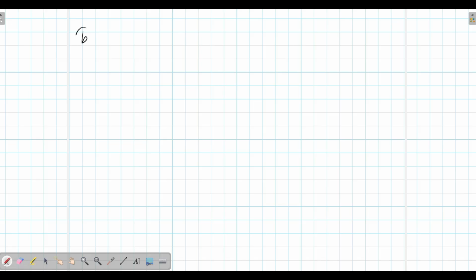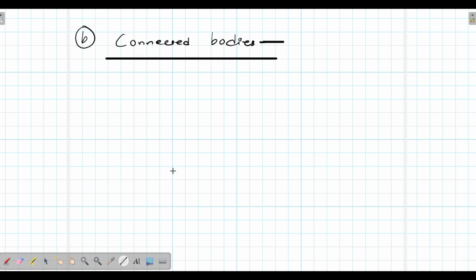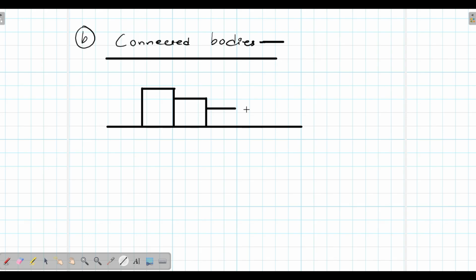Second is connected bodies. This is M1, M2, M3.